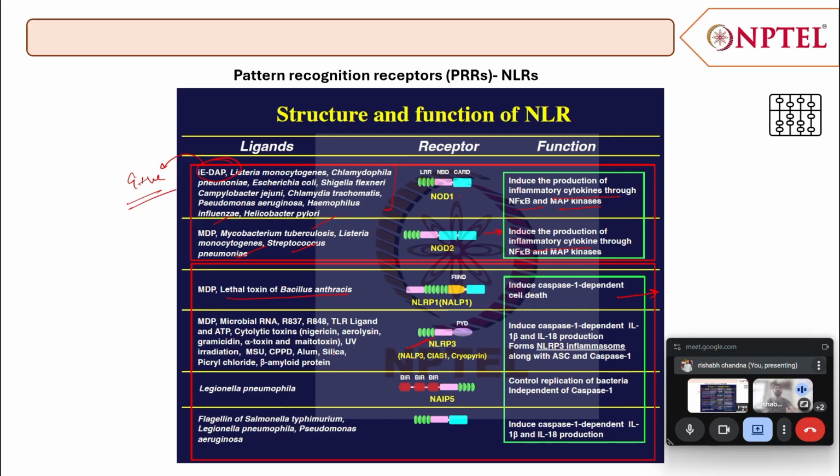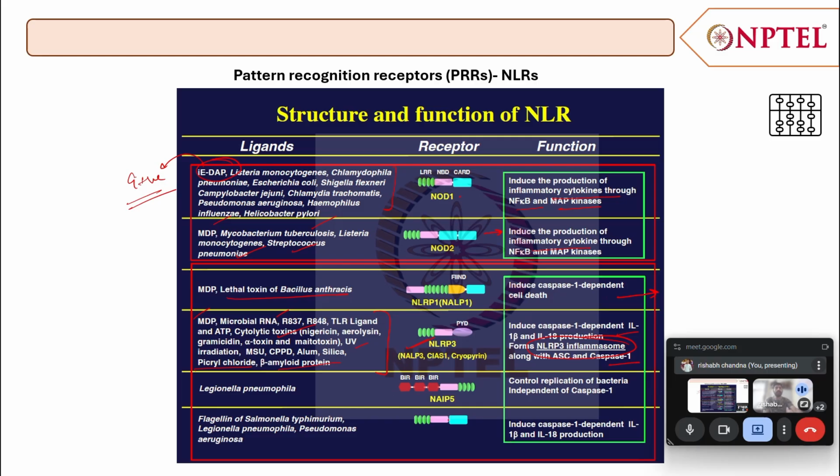NLRP3 is a major component that recognizes MDP, microbial RNA, ligands from different toxins, then UV radiation, beta amyloid protein, picryl chloride. All these are ligands for NLRP3, and they induce caspase 1 dependent IL-1 beta and IL-18 production. Then they form the NLRP3 inflammasome along with ASC and caspase 1.